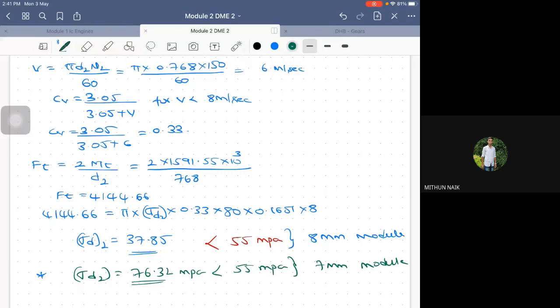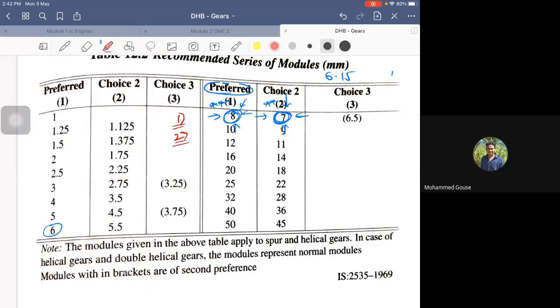Sir, what happens if we take the preferred value? See, they have given a preferred choice, true. But ultimately, whatever choice you have made, whether taken from preferred, choice 2 or choice 3, it doesn't matter. What matters is that with the module you have selected, the applied stress value should be less than the allowable stress value.